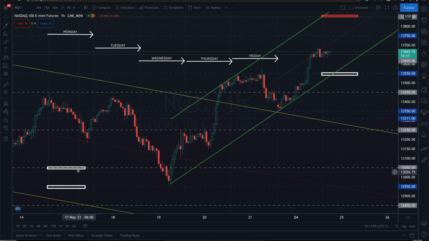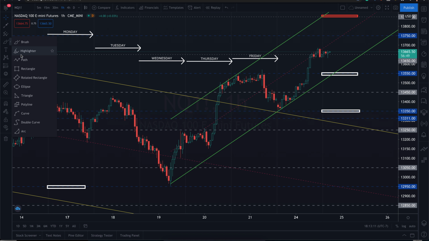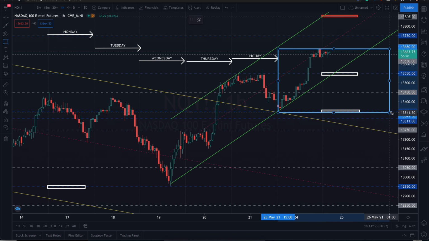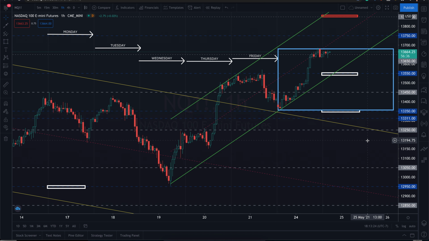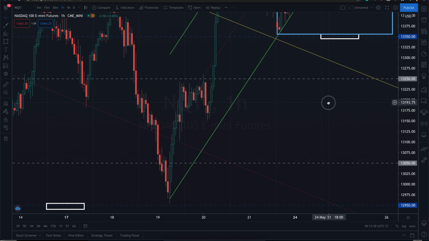The next one is, we're always looking for a range continuation. And I'm going to mark it like this, so it's going to be easier for you to see. If we drop further down, I'm going to be looking to find support at this level right here. Sorry guys, I have some level that's not supposed to be there.